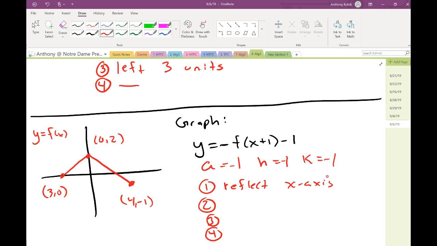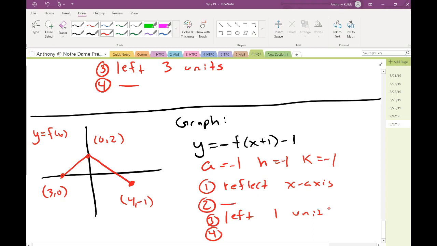The absolute value of -1 is +1, so nothing happens there. In step 3, we're looking at whether h is equal to 0 or not. Our h is not equal to 0. And because it's negative, it's going to go left. And because the h is -1, it's going to be 1 unit to the left.